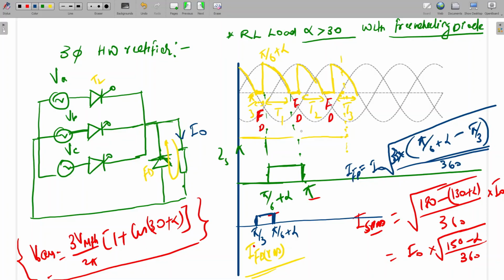Okay. So in 360 degrees it is conducting 3 times. Otherwise, 120, 120 we can also say. So what will be the angle divided by 120? Same only, this will be divided by 360. So in 120 it is conducting for this much duration. So pi by 6 minus pi by 3, how much?